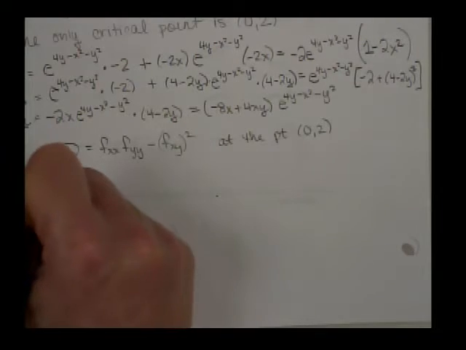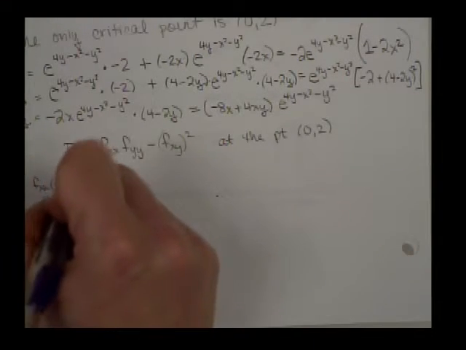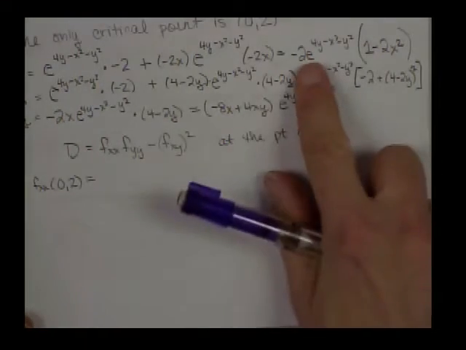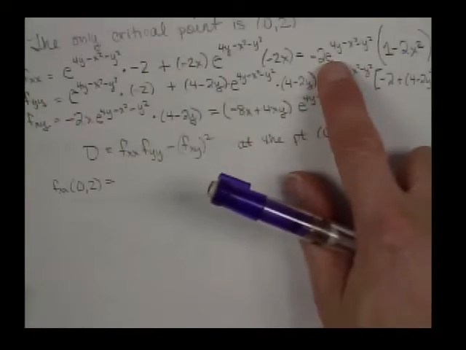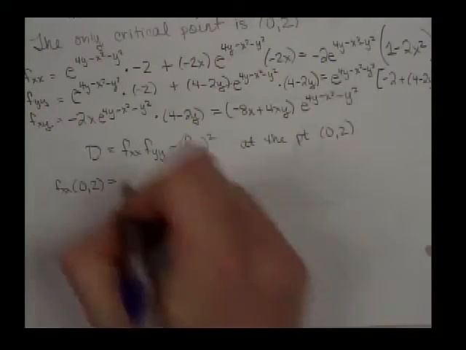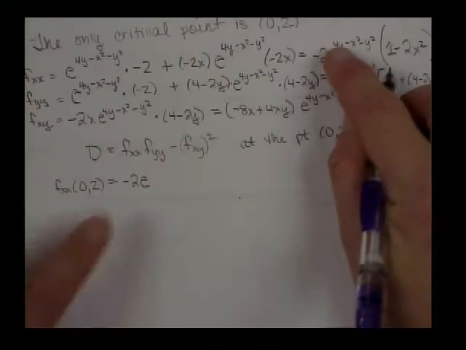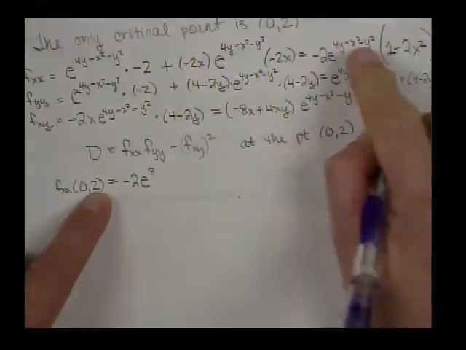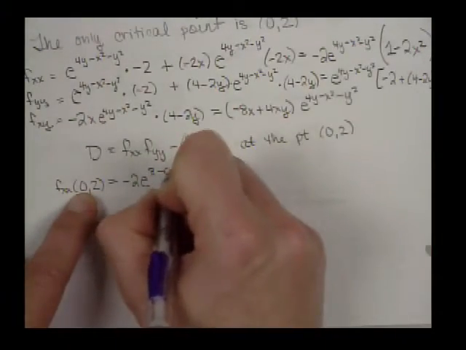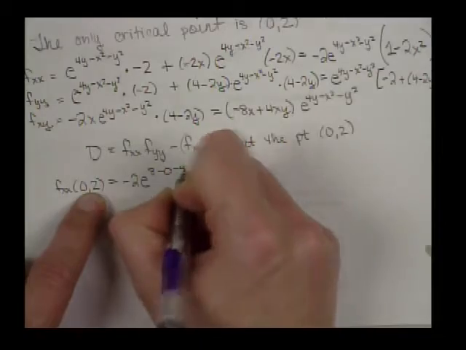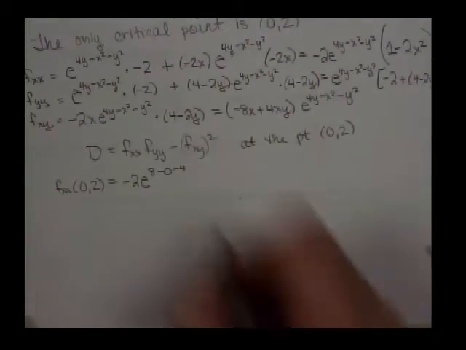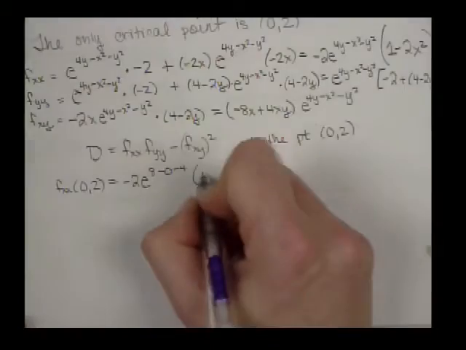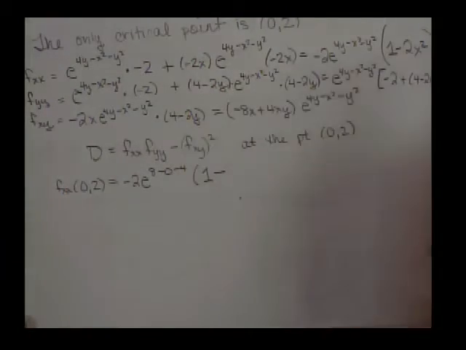So f sub xx at (0, 2). Okay, so I'm going to look at here's our f sub xx. So we have negative 2 e to the, okay, so 4y will be 8 minus 0 minus 4 times 1 minus 0.